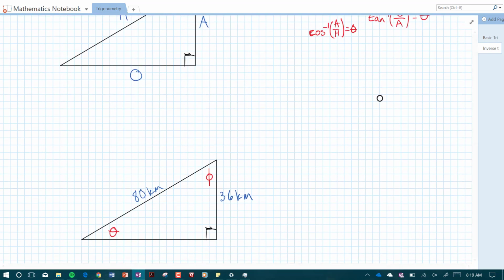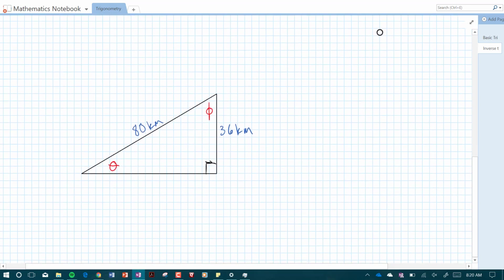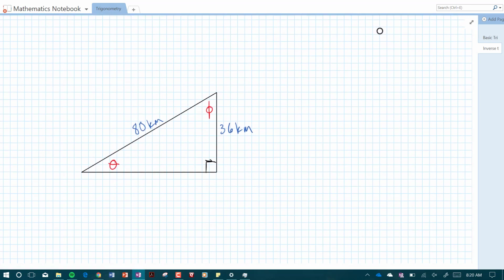So let's scroll down here, and here's our example. We have a right triangle, and two of the sides are given. We want to find the two unknown angles, theta and phi. Now we have two sides. We could use the Pythagorean theorem to find the third side, but eventually we're going to have to use our inverse trig functions to solve.